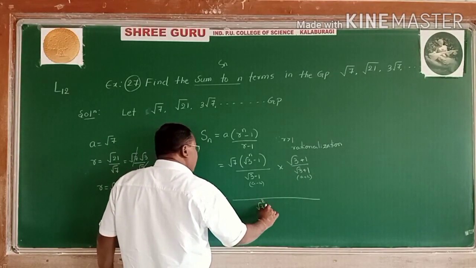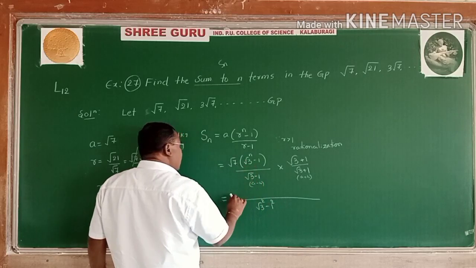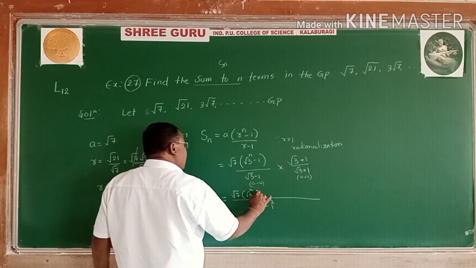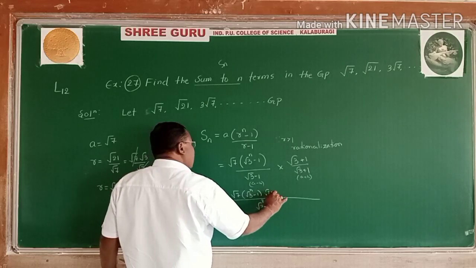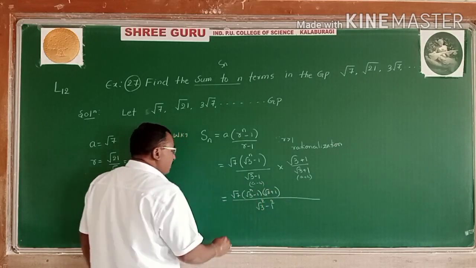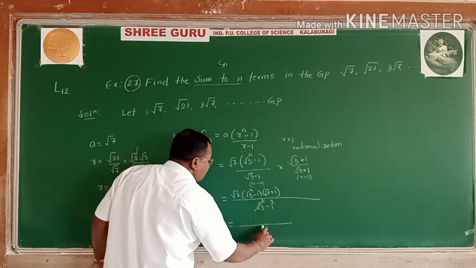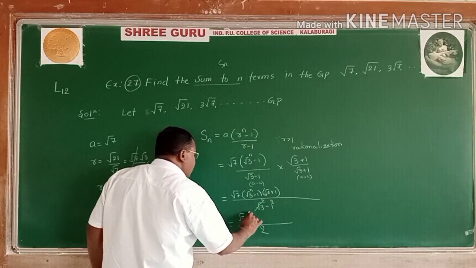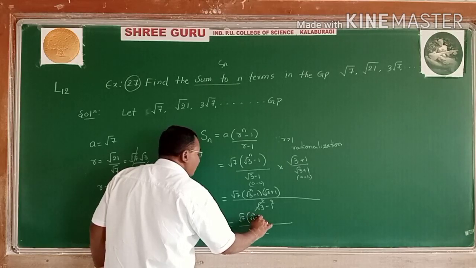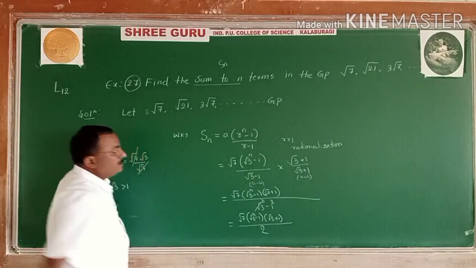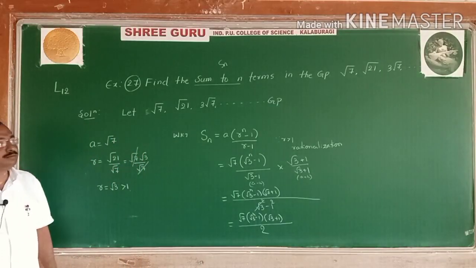The numerator is root 7 into root 3 to the power n minus 1 into root 3 plus 1, and in the denominator the square roots cancel, giving 3 minus 1, which is 2. So Sn is root 7 times root 3 to the power n minus 1 times root 3 plus 1, divided by 2. This is the example for that one.